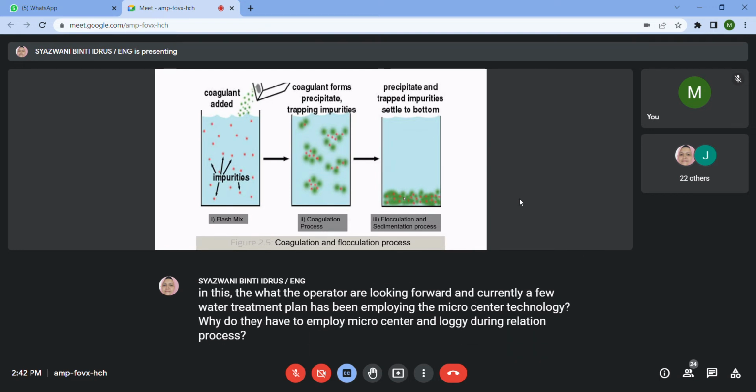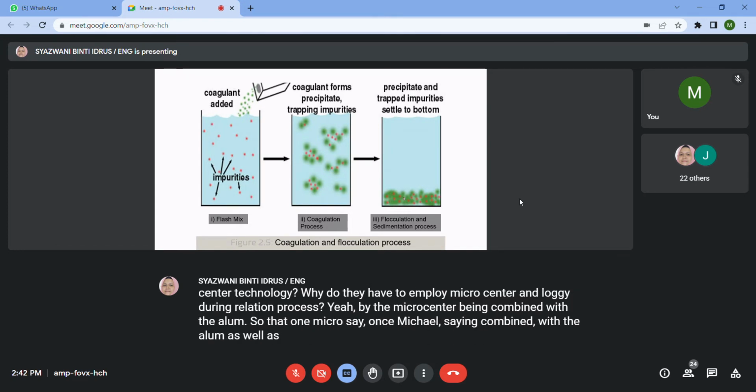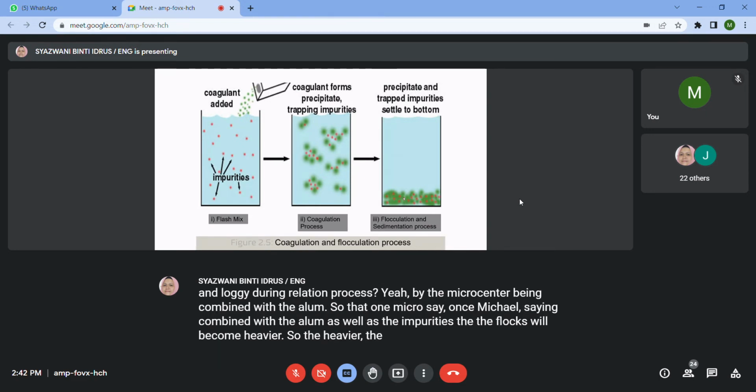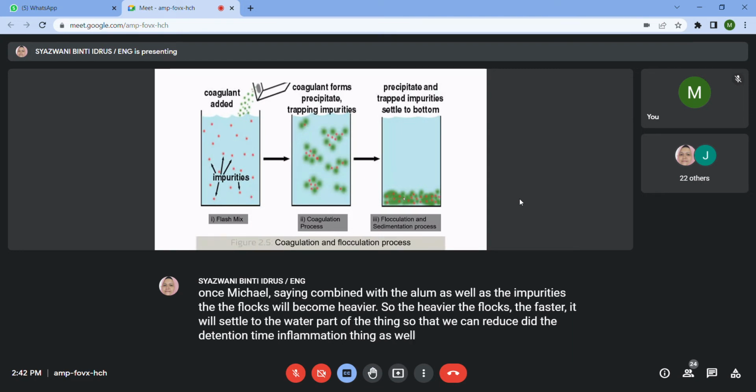When the microsand is combined with the alum, as well as the impurities, the floc will become heavier. So the heavier the floc, the faster it will settle to the bottom part of the tank, so that the detention time in the flocculation tank as well as the sedimentation tank can be reduced.